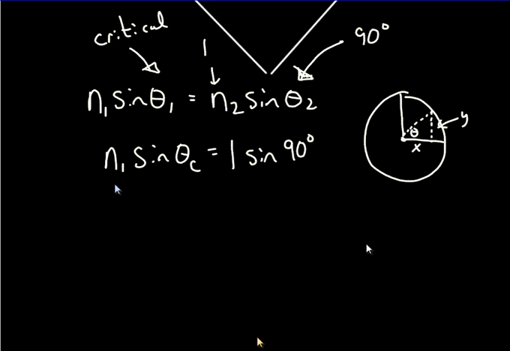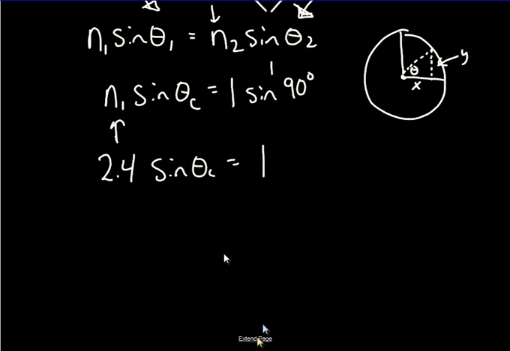All right, moving along. In this case, for a diamond, n1 is 2.4. So 2.4 times the sine of some angle that we're trying to figure out. If this equals 1 and this equals 1, this side equals 1. So what do we have to do next? Well, the sine of our critical angle is 1 over 2.4.